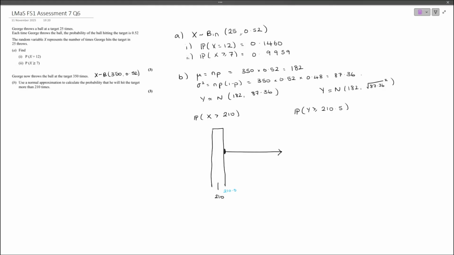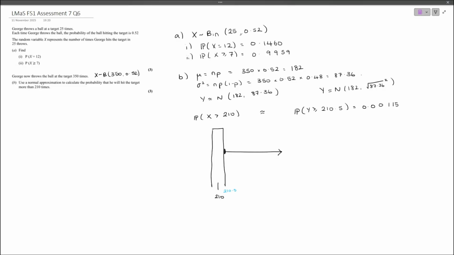We don't need the inclusive inequality, it can be a strict inequality, because the normal distribution doesn't have any probability at exact values. Either one is fine, and the probability that Y is greater than 210.5 is equal to 0.00115 to 3 significant figures. And that's the answer to this question.